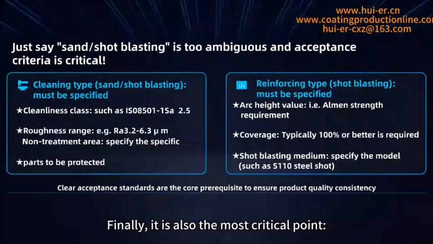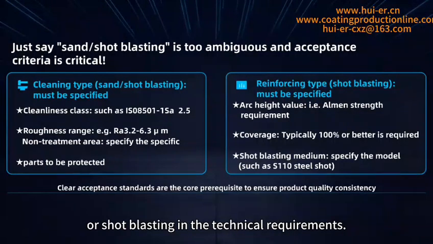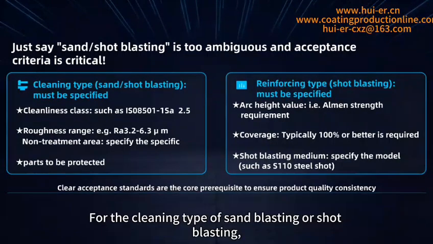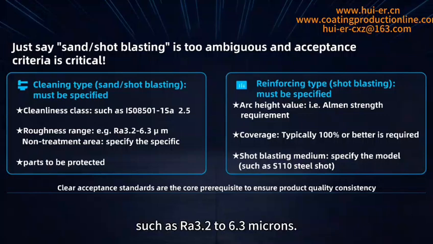Finally, it is also the most critical point. It is far from enough to only write sandblasting or shot blasting in the technical requirements. The acceptance criteria must be specified. For the cleaning type of sandblasting or shot blasting, the cleanliness level shall be specified, such as ISO 8501-1, Sa 2.5, and the roughness range, such as Ra 3.2 to 6.3 microns.